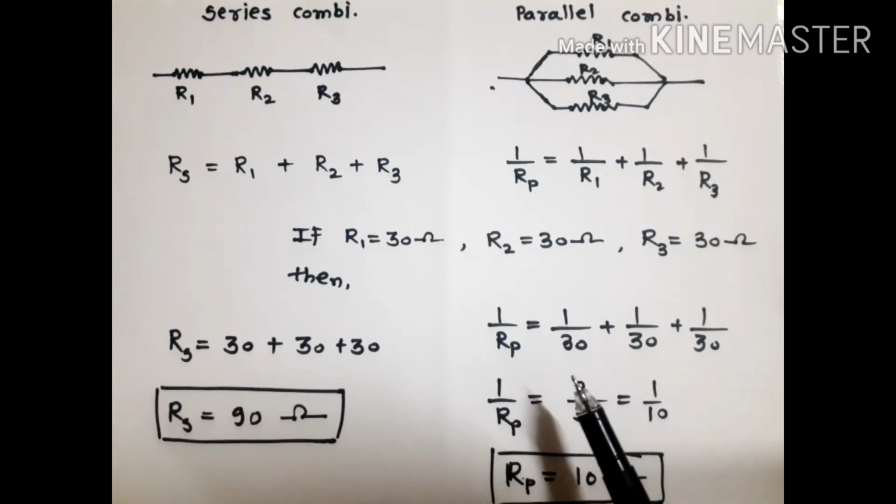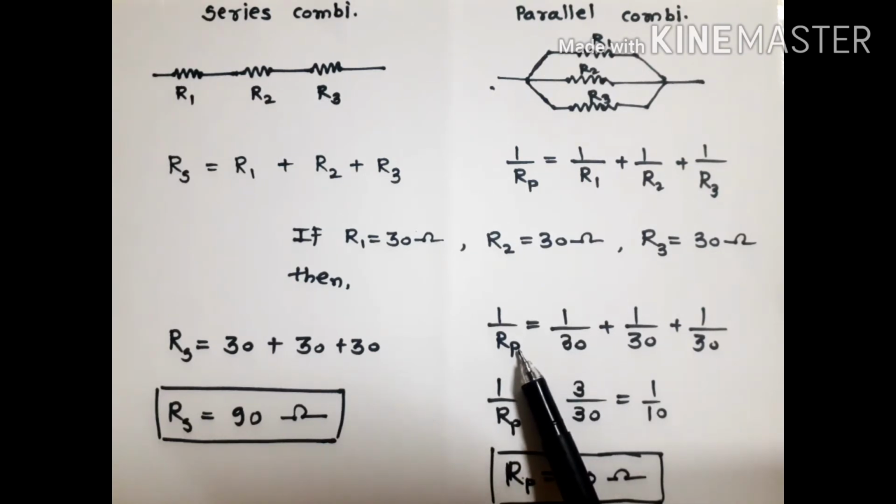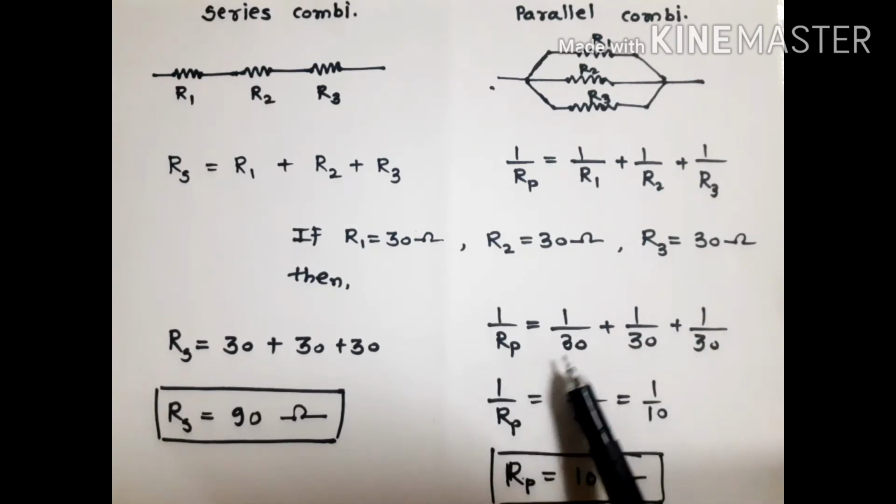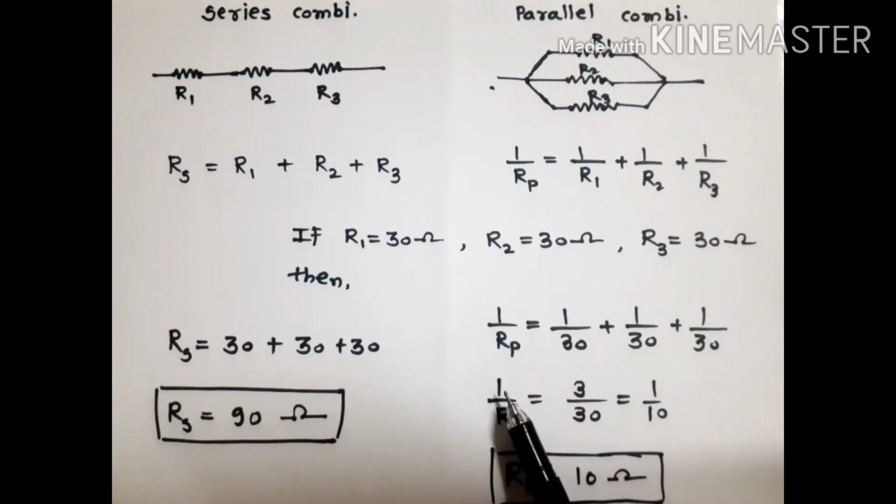Now let us concentrate on the parallel combination. 1 upon Rp is equal to 1 upon 30 plus 1 upon 30 plus 1 upon 30. After solving this, we get 3 upon 30. 1 upon Rp is equal to 3 upon 30, which is equal to 1 upon 10. By taking the reciprocal on both sides, Rp is equal to 10 ohm.